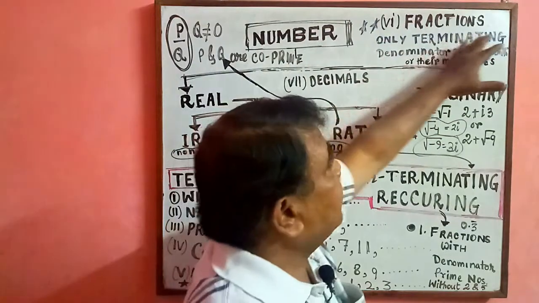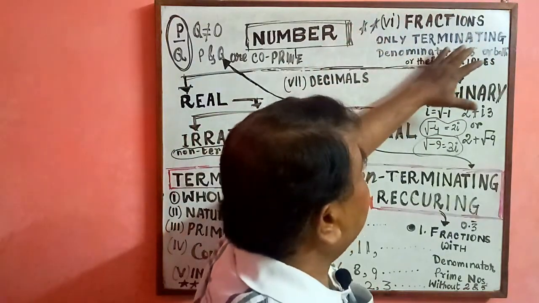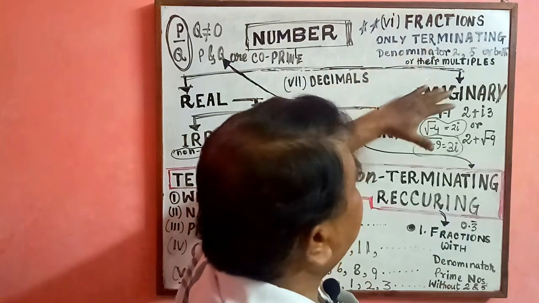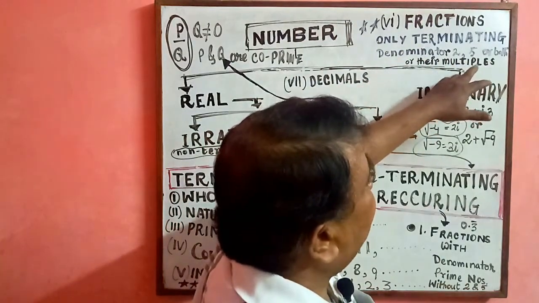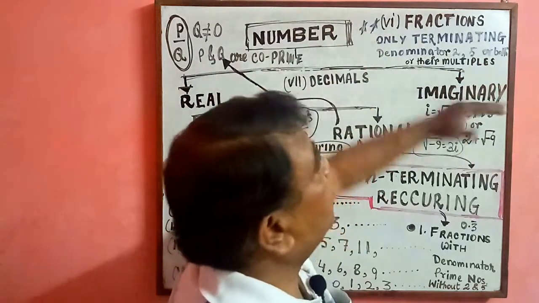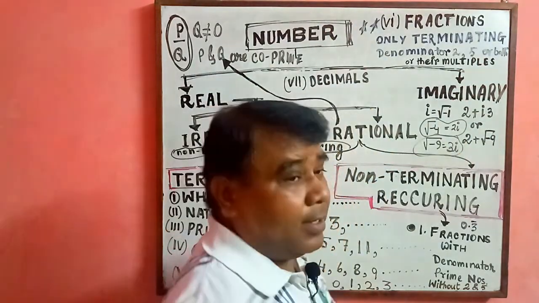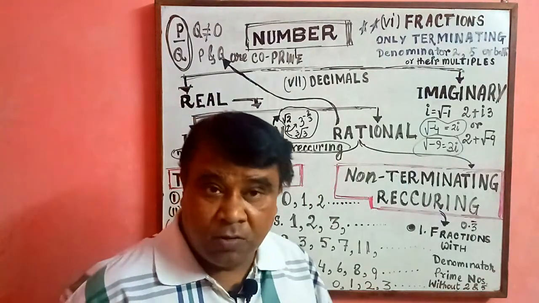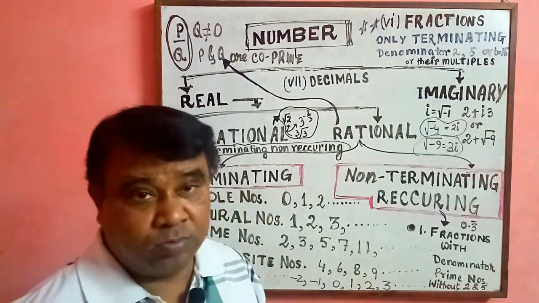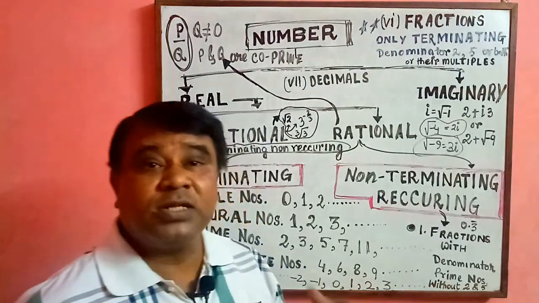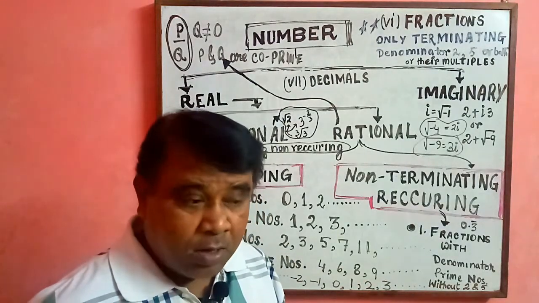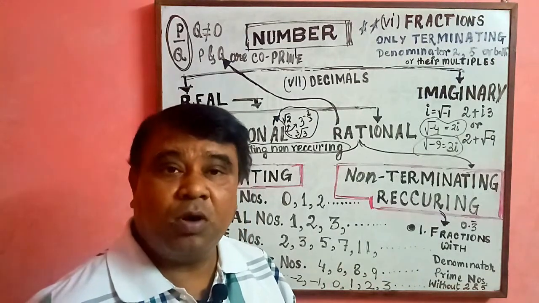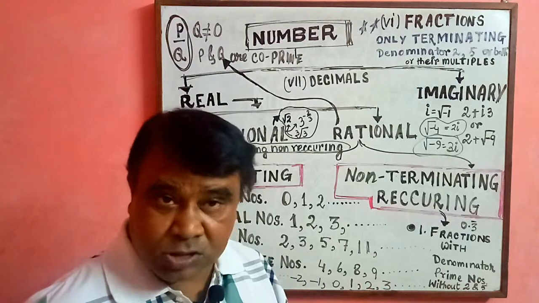It is only terminating when the denominators are 2, 5 or both or their multiples. That means a number will be completely divisible when the denominator, I mean Q, is 2 or its multiples, 5 or its multiples, or 2 and 5 both or their multiples.